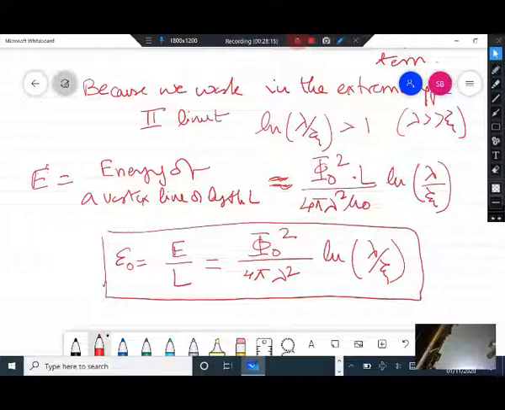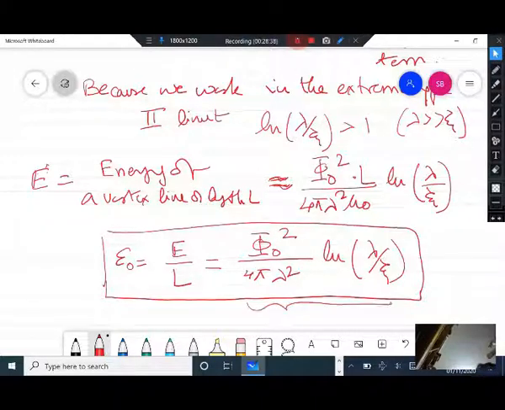And we are working in the extreme type 2 limit where lambda is much greater than xi. Then we can drop the magnetostatic energy contributions because they are much smaller than this contribution. So this is the energy of a vortex line per unit length. It comes about essentially because of the strong currents circulating around the vortex.